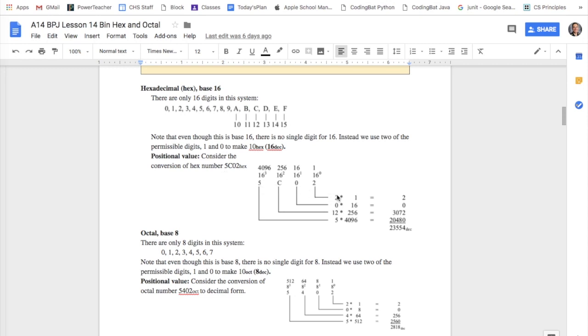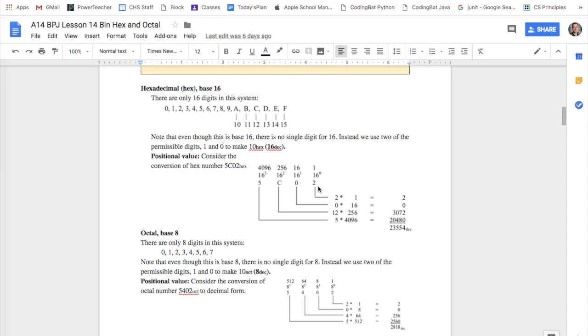So 2 times 1 plus 0 times 16. C stands for 12, so 12 times 256, and 5 times 4,096 would add up to 23,554. You can see how we have a pretty big number here with only using 4 digits, so that's one of the advantages of the hex system.